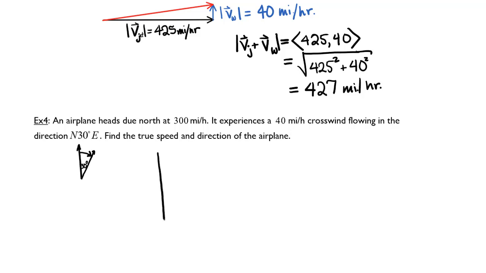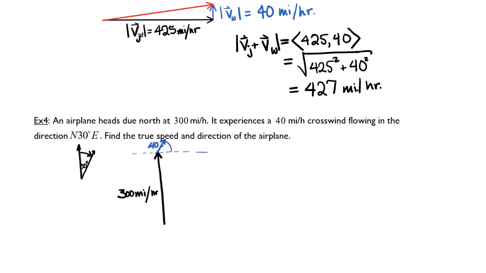So the plane will represent this as 300 miles per hour, and we'll represent the wind as 40 at an angle of 30 degrees. So we need to think about how we're going to describe this.